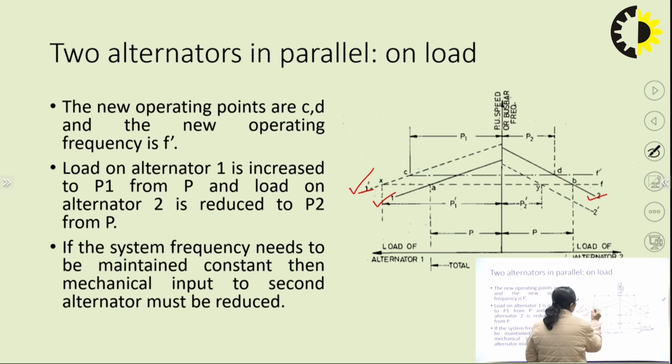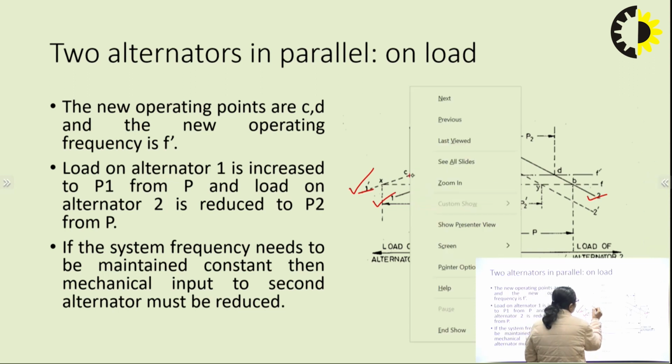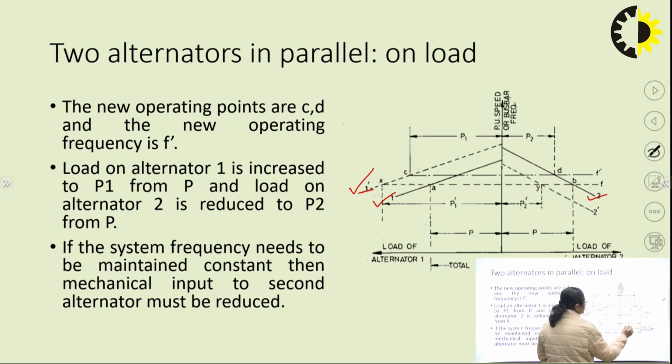The new operating point would lie on the new curve for alternator 1 and the previous curve for alternator 2, because the operating characteristic of alternator 2 is not yet changed. So, the new operating points are C and D.